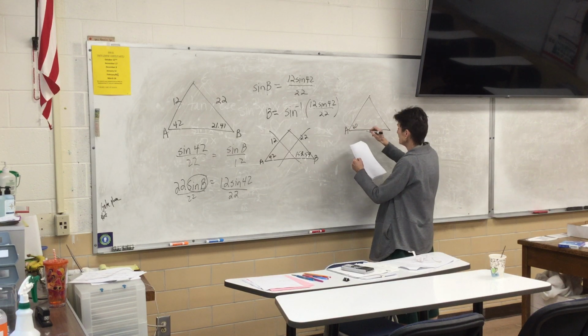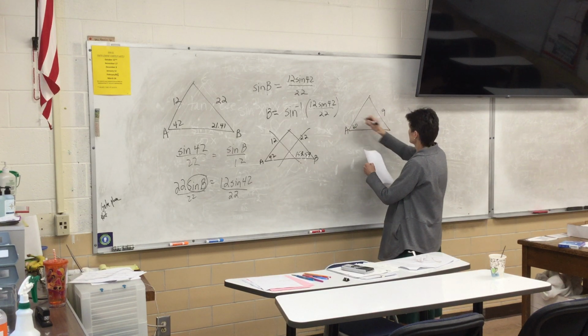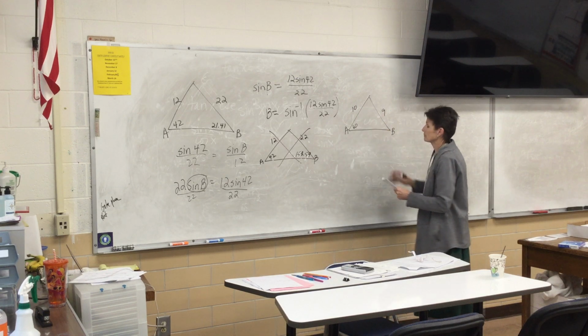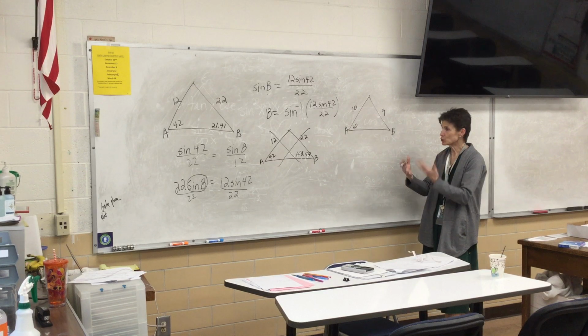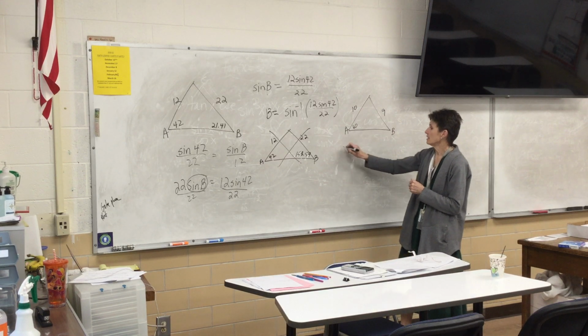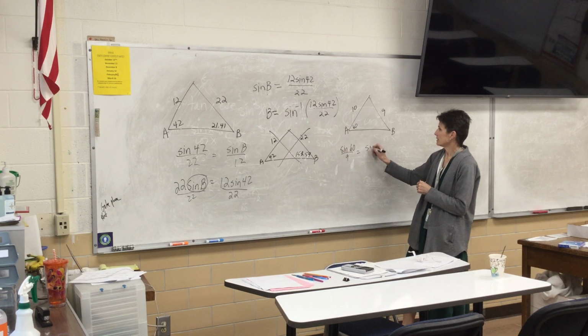This is problem E. The question is, how many triangles are possible? We just jump in and do our law of sines. Sine 60 over 9 equals sine B over 10.